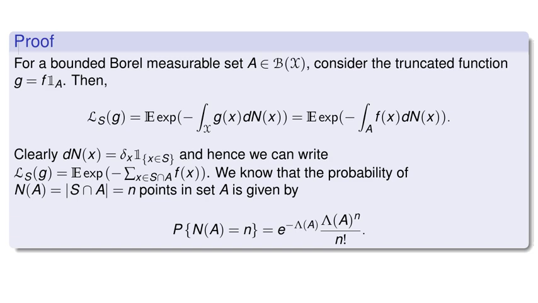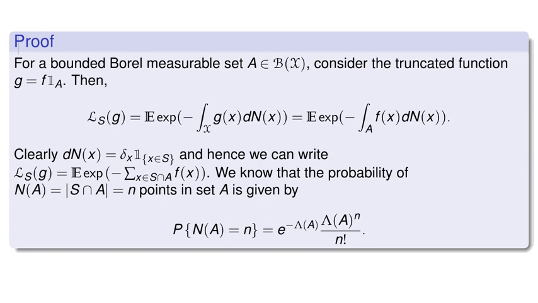This is equivalent to the expectation of e to the power of minus the integral over A of f of x dN of x. Clearly, since dN of x is delta sub x times the indicator that x is in S, we can write script L sub S of g as the expectation of e to the power of minus the sum for x in S intersect A of f of x.